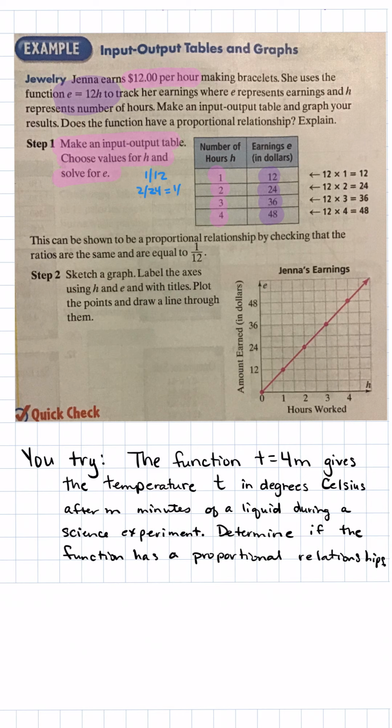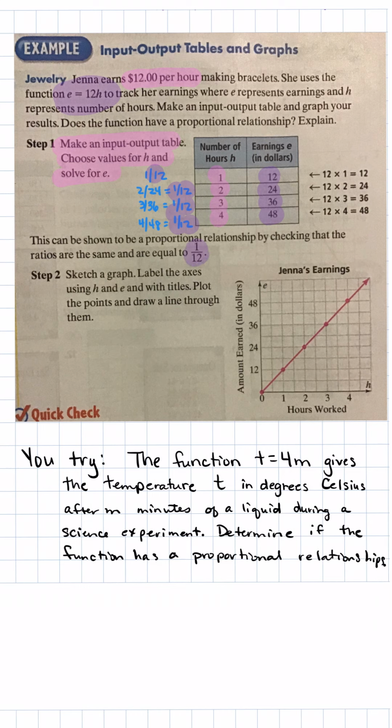My gosh, I keep forgetting the 1. 3 to 36. Divide each by 3. 1/12. 4 to 48. Divide each by 4. 1/12. Therefore, all of the proportions are equal. This can be shown in a proportional relationship by checking that all the ratios are the same and are equal to 1/12, and we just did that.